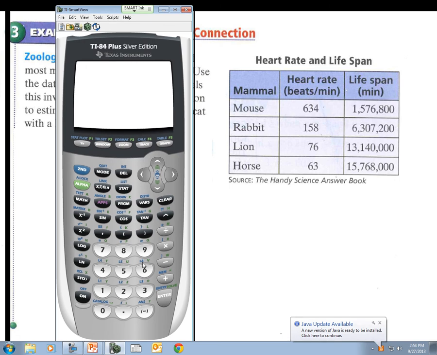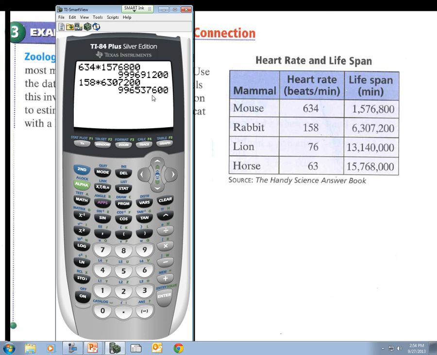So 634 times 15,768,000. We get this number here. Let's check the next one. 158 times 6,307,200. And we get something like that.